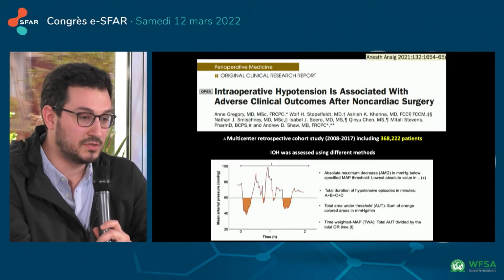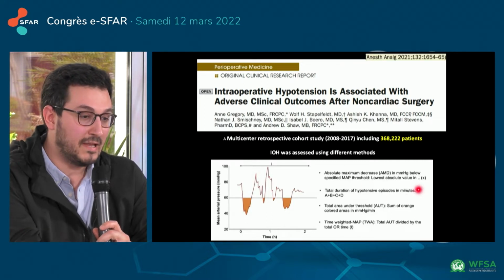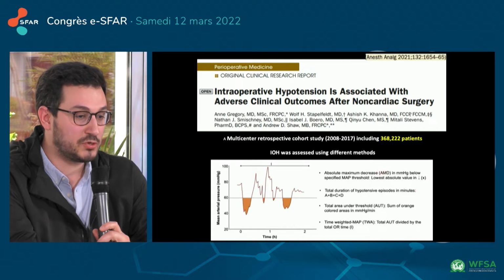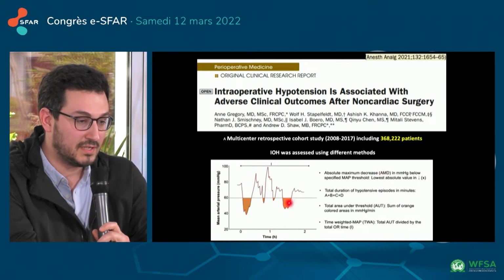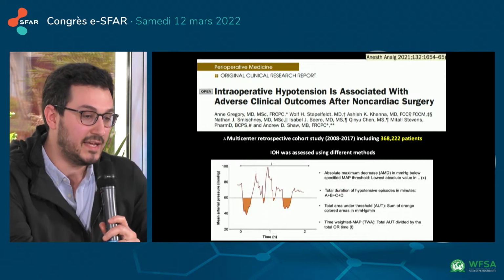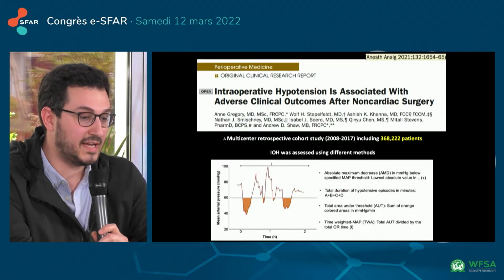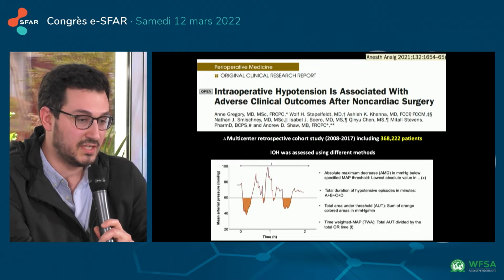The absolute maximum decrease below a specified MAP threshold, the total duration of hypotensive episodes, the total area under the threshold, and the time-weighted average mean arterial pressure.